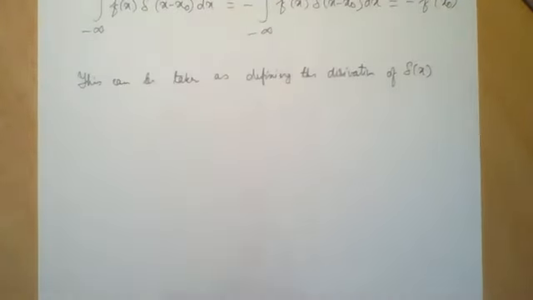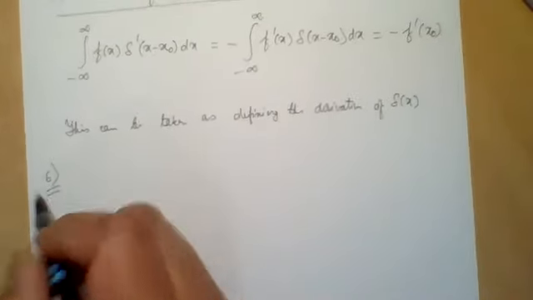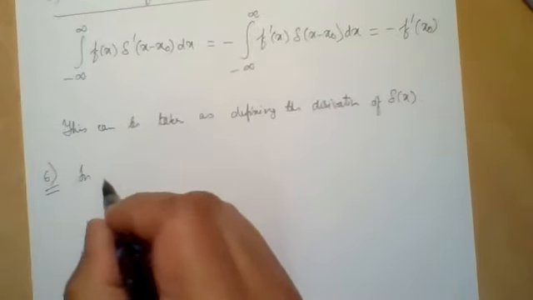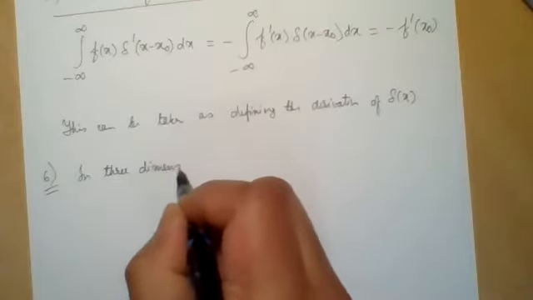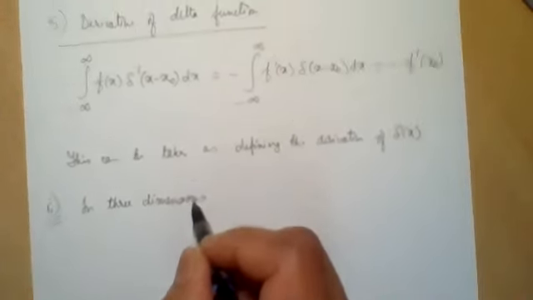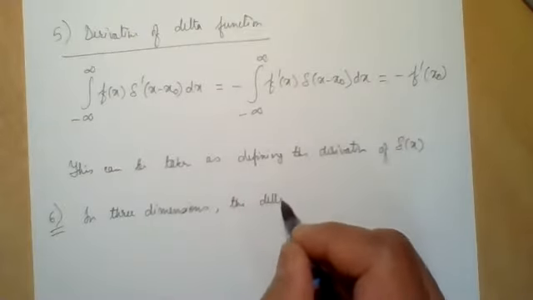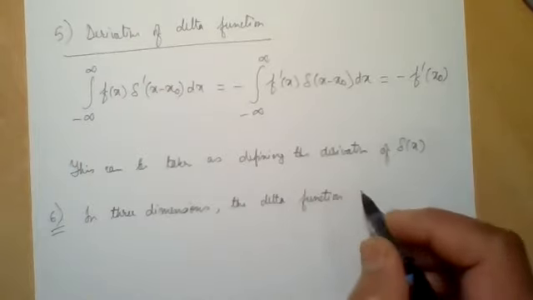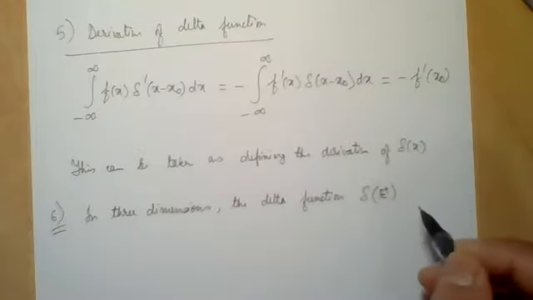Property number 6. In 3 dimensions, the delta function delta of r vector.